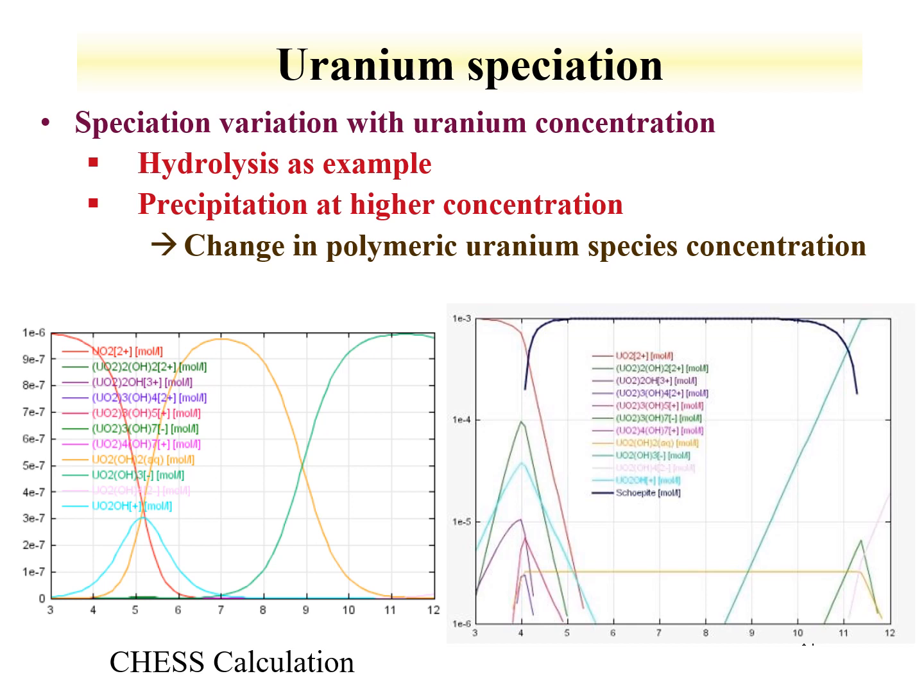If we go to higher concentrations, we see a notable difference: between pH 4.5 and up to around pH 11, we get schoepite, which is the hydroxide precipitate of uranium, dominating at higher uranium concentrations. These speciation calculations were performed with CHESS, which was explained in the speciation section of the radiochemistry course.